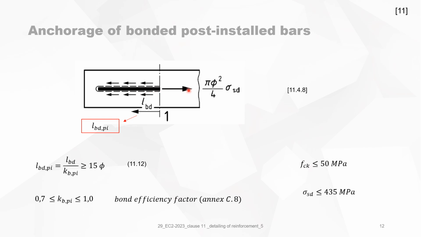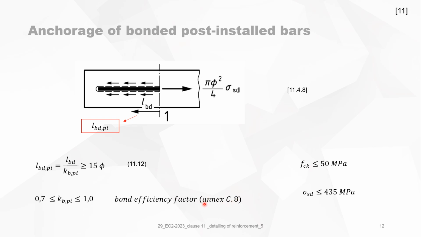And it must resist the force, cross section of the bar times the tensile stress. And LBD pi, post-installed, equals LBD divided by a coefficient. It must be bigger than 15 times phi. And this coefficient is between 1 and 0.7. It's the bond efficiency factor.